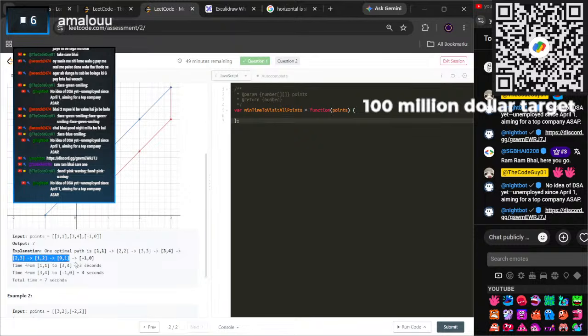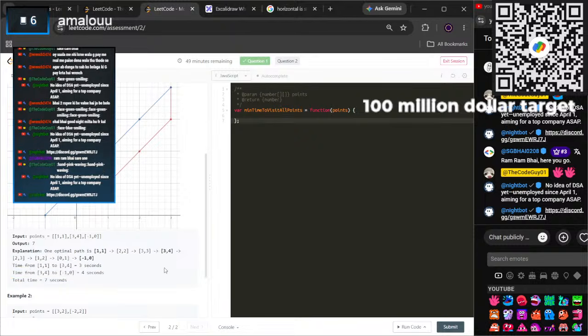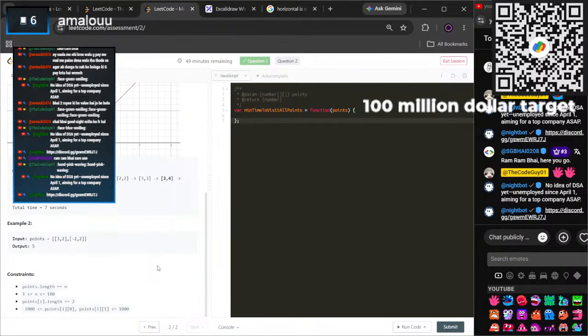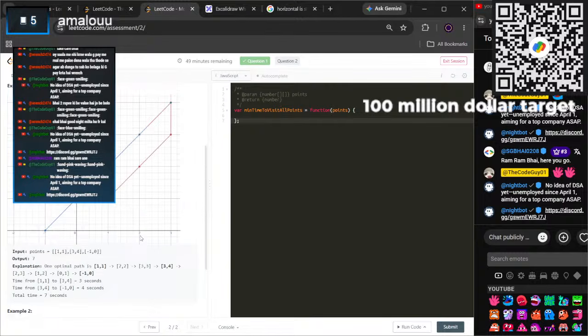And what the hell is this? So all this graph is not making sense, bro. I can't even understand it. Points are given like 1 comma 1, 3 comma 4, and minus 1, 0.